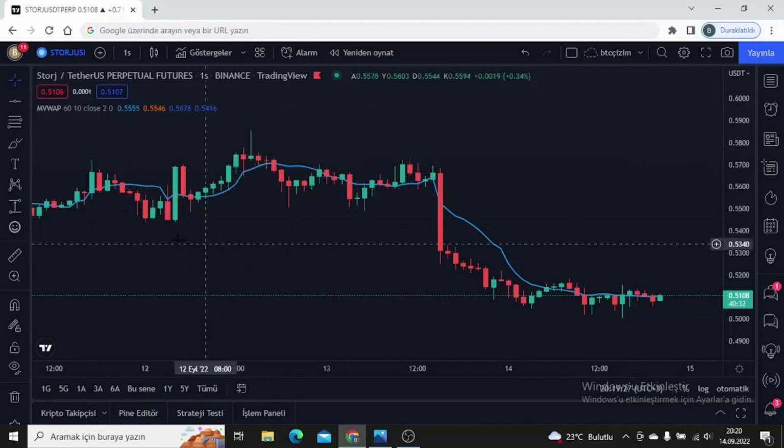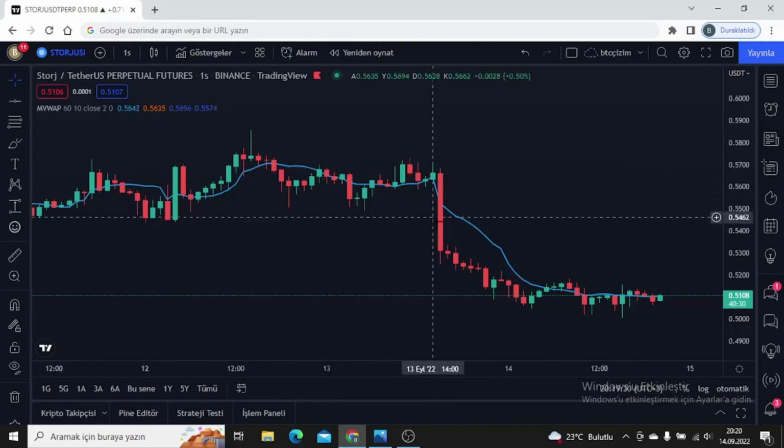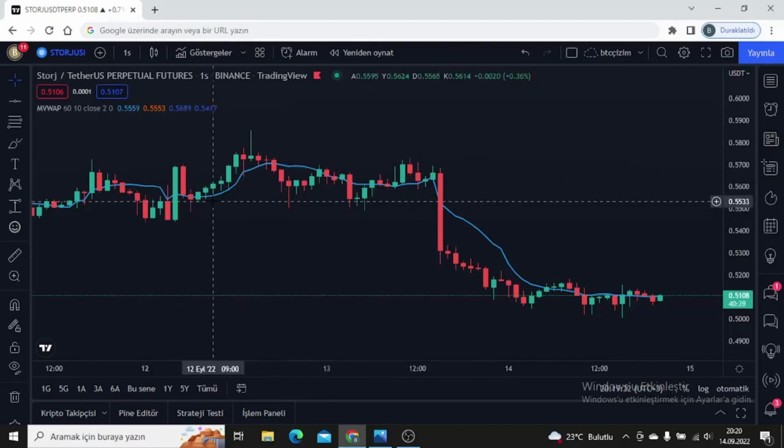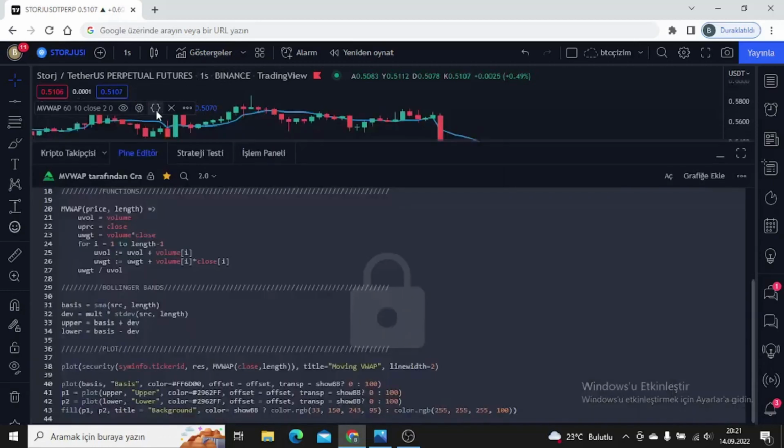I click on it once and the indicator comes up as you can see. It came with a trend line, like a moving average line. The only difference is in its input settings. It takes the volume into account and makes a calculation based on the volume.